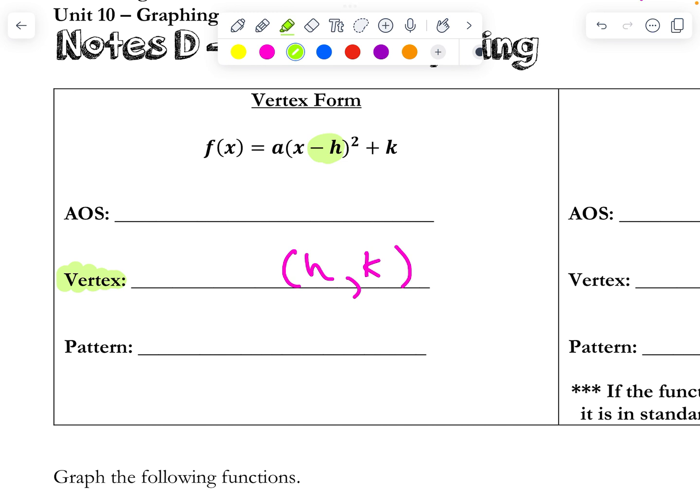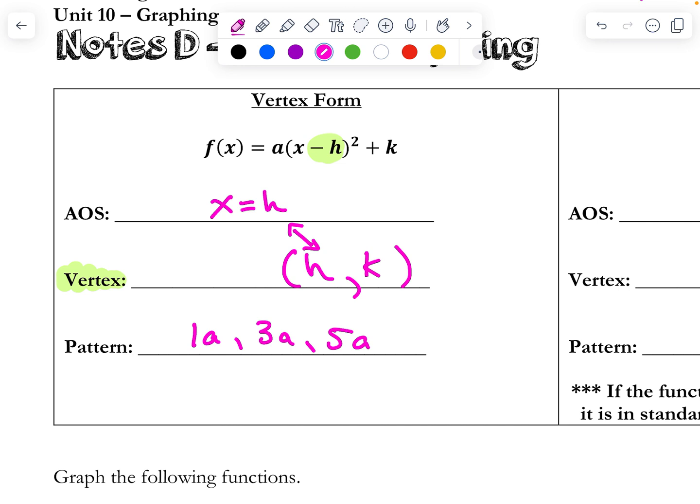The H is always the opposite of what you see inside of the parentheses, and then you just easily get the axis of symmetry, right? You just get the x value of that. In this case, we have H, right? So you get the axis of symmetry from the x value of your vertex, and then my pattern is always going to be 1 times A, 3 times A, and then 5 times A.